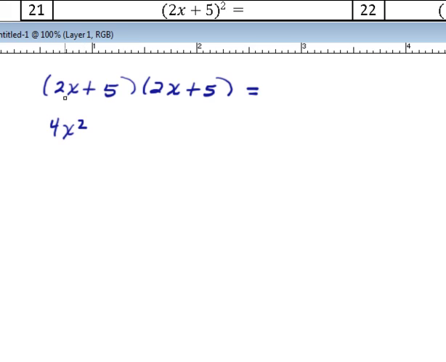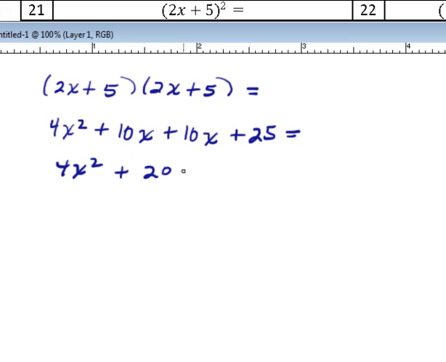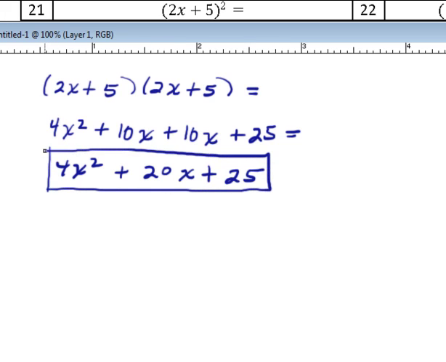And then the outer 2x times 5, that's 10x. 5 times 2x, that's 10x again. And 5 times 5, that's 25. All right, so just combine those two like terms, 10x and 10x. And we have 4x squared plus 20x plus 25.